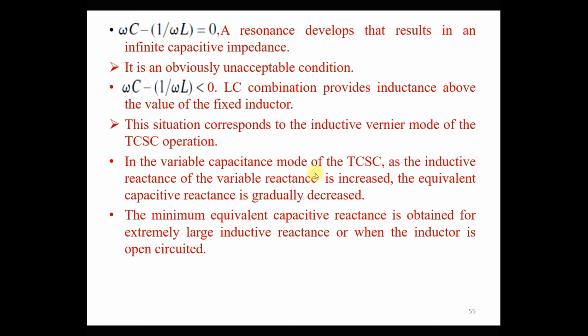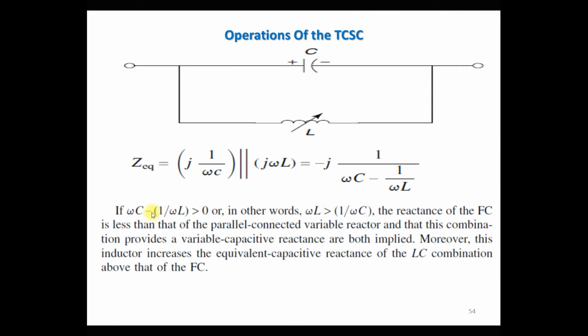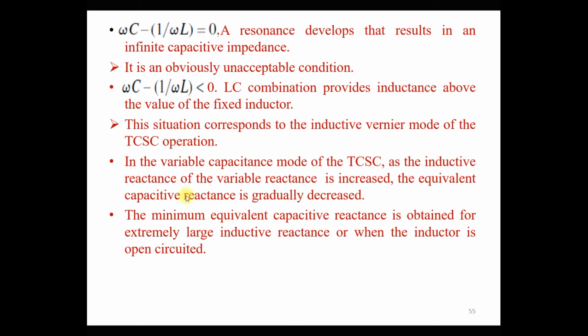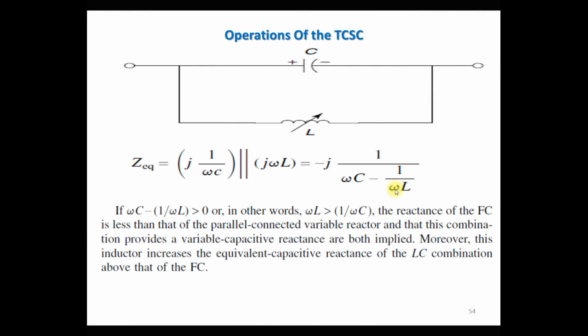In the variable capacitive mode of TCSC, it means in the first case here, ωC - 1/ωL greater than 0, in this condition, as the inductive reactance of the variable reactance is increased, the equivalent capacitive reactance gradually decreases. So as you can see, as ωL increases, what will happen?